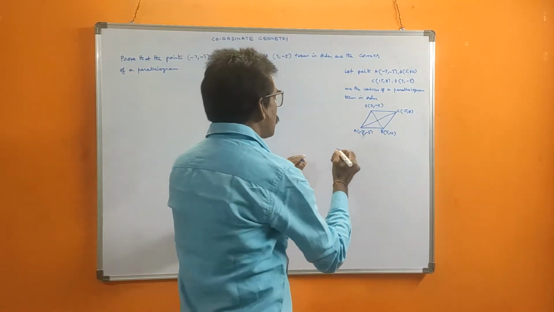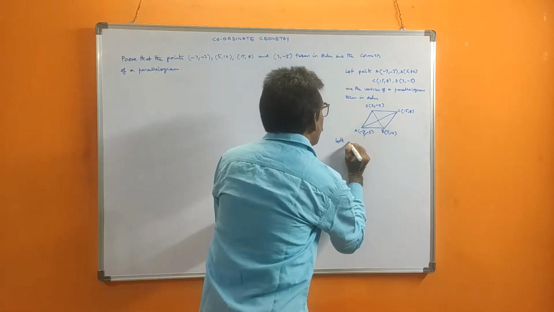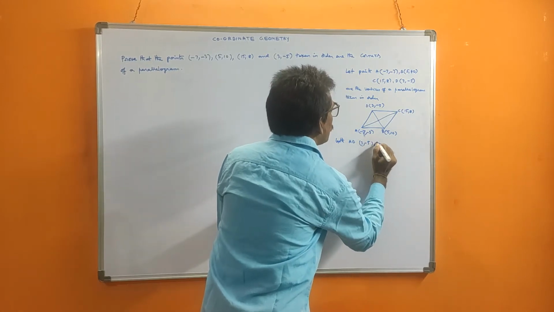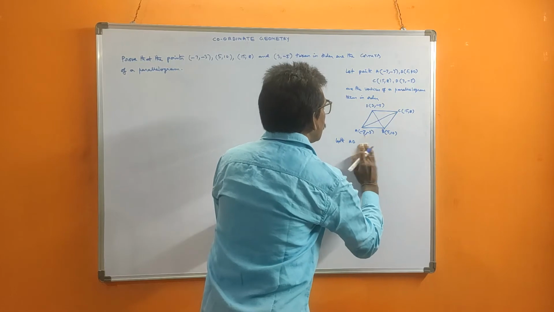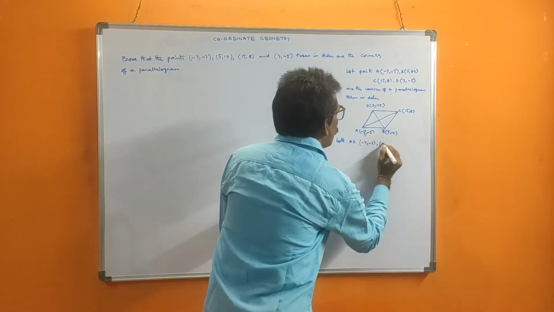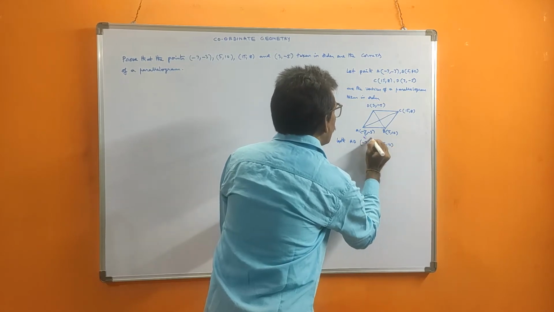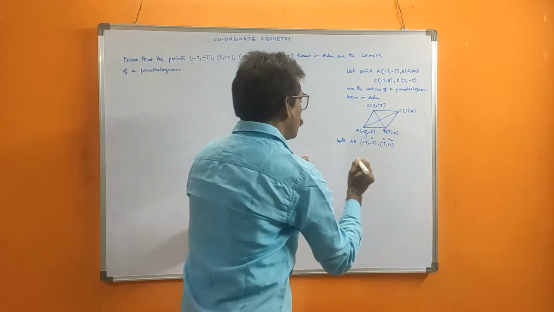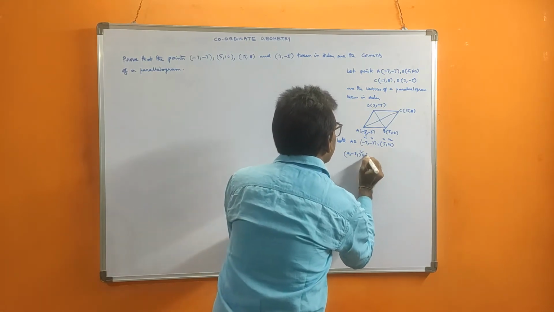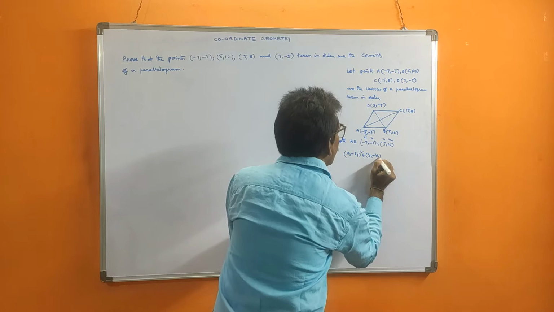Now find the lengths. Length AB: A is (-7, -3), B is (5, 10). Take it as x1, y1, x2, y2. We know the distance formula: square root of (x2 - x1) whole square plus (y2 - y1) whole square.